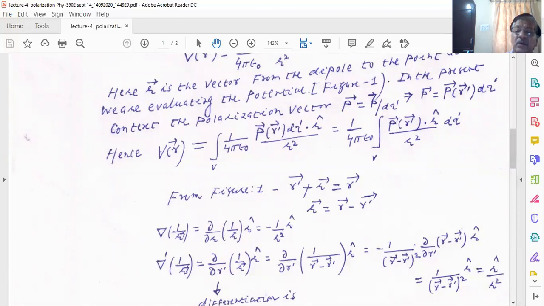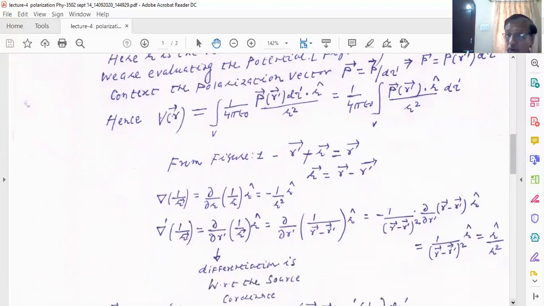Correct? So we want to use this. Please remember, this prime indicates that you have to differentiate with respect to the source coordinate, and source coordinate is r prime. Source coordinate means the position vector of the source point, that is r prime.